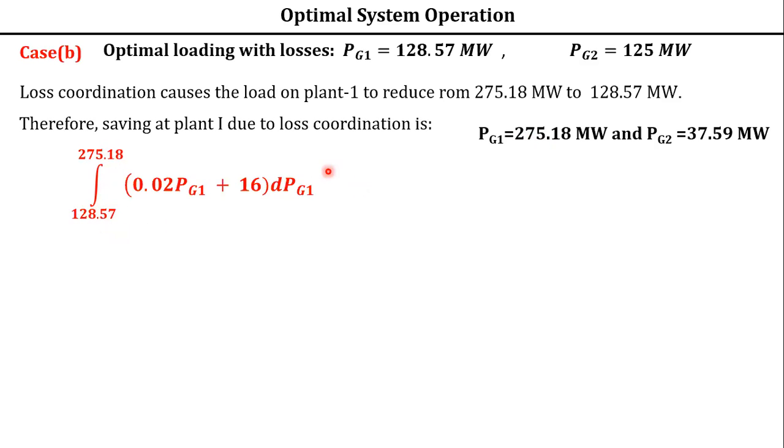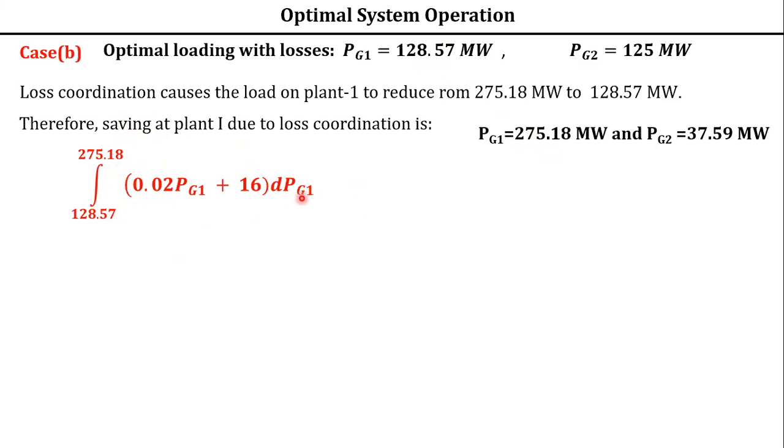Over these limits, you integrate the incremental cost so that you will get the savings between these two costs. Why have we represented limits? Because we want to see the savings. So what is the savings when PG1 is equal to 275 and PG1 is equal to 128 at plant 1? What are the savings at plant 1 alone we are trying to solve?